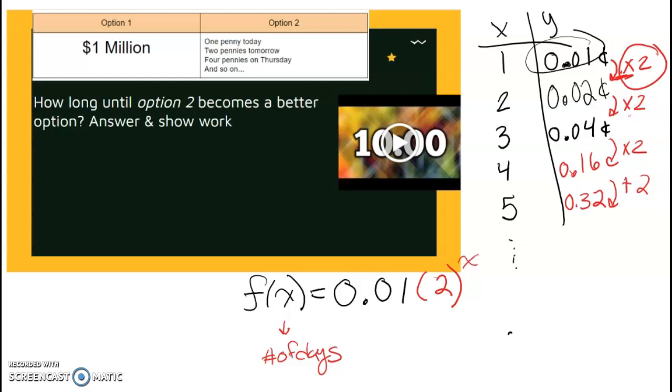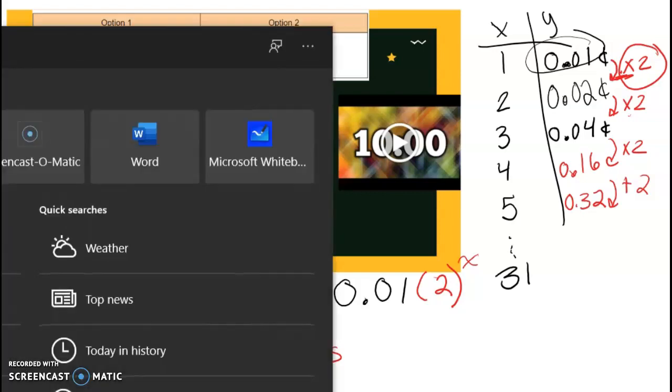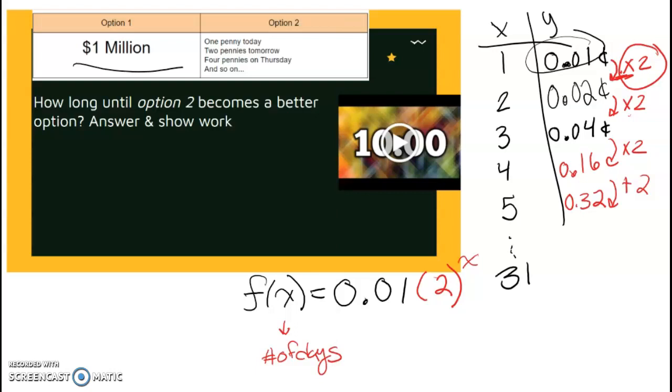Now if I wanted to figure out, let's say we go a whole month. There's about 30 days, or 31 days. We'll use the month of December as our 31 days. What I want to figure out is, at 31 days, am I going to have more than $1 million, or less than $1 million, or somewhere in between? So I'm going to get my trusty calculator out.